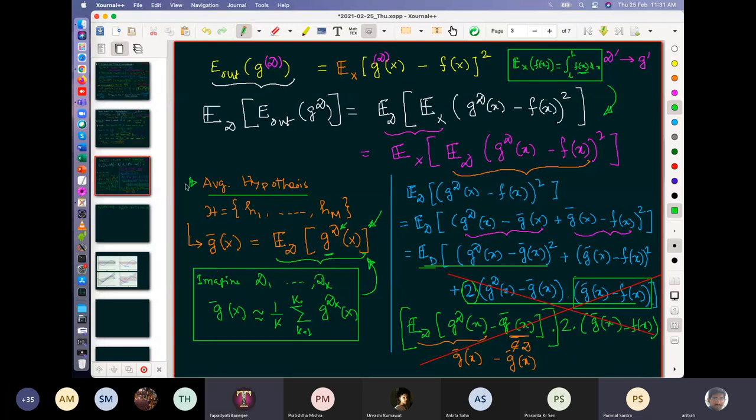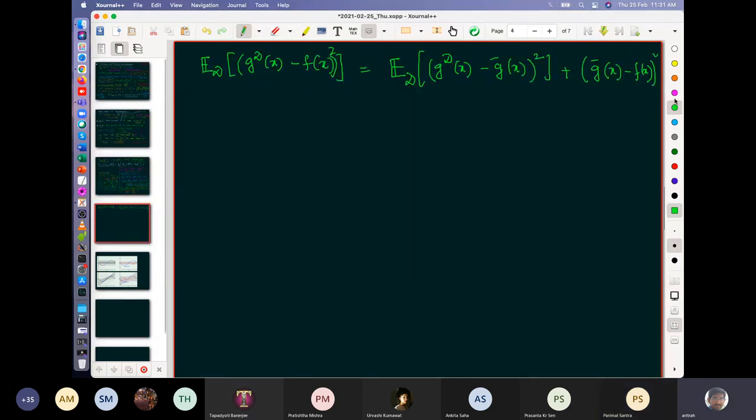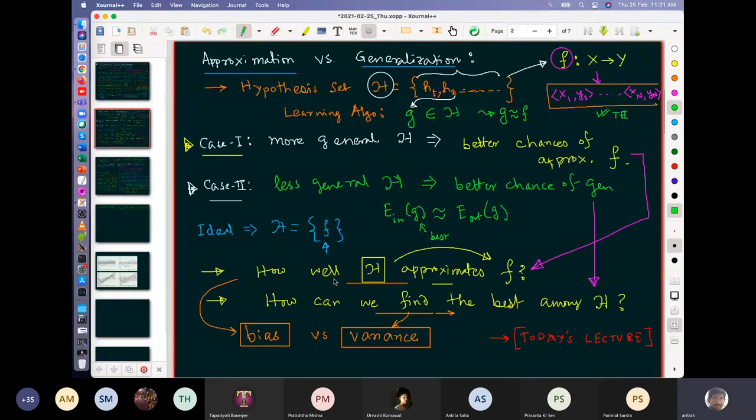So now let us reiterate this. How well H approximates F: the average hypothesis that is possible by H is my best hypothesis, because it is a cumulative way of thinking about which is the best possibility out of here. How is it getting close to F?